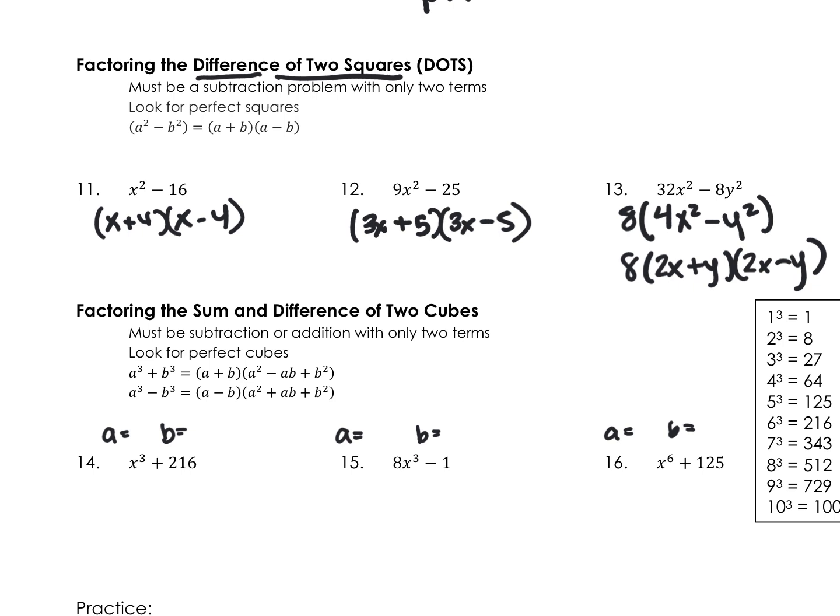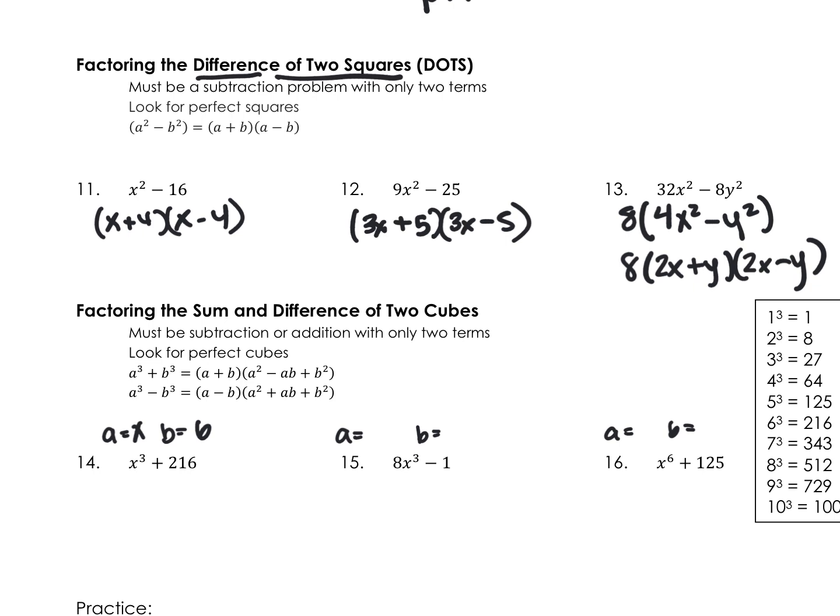So like for instance here, 216, what is being cubed that gives me 216? 6. See how 6 cubed is 216? So B is going to be what? 6. What is being cubed here? That one's pretty obvious. x. So A is x.